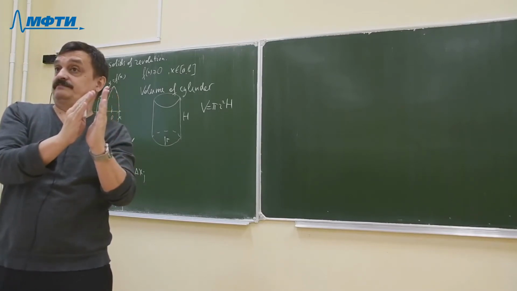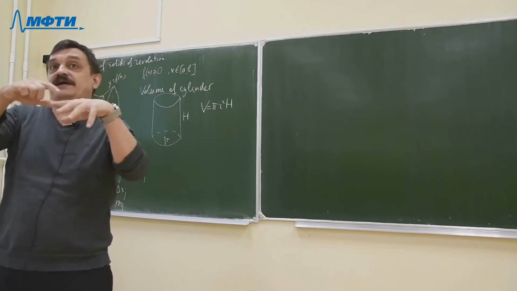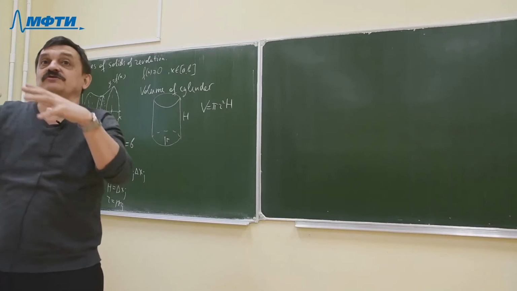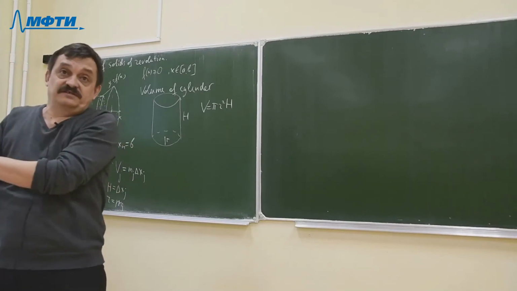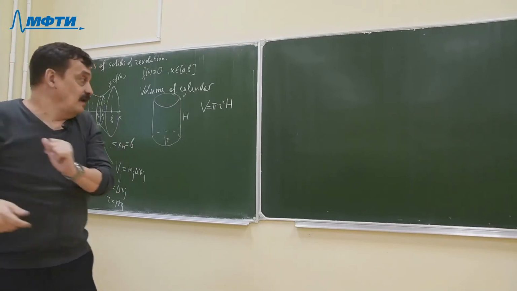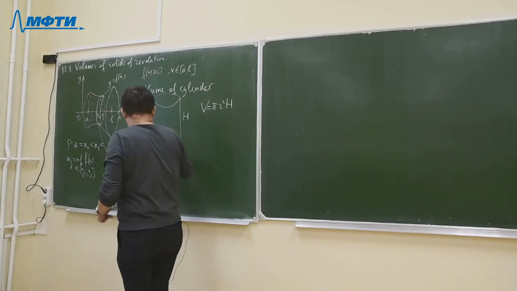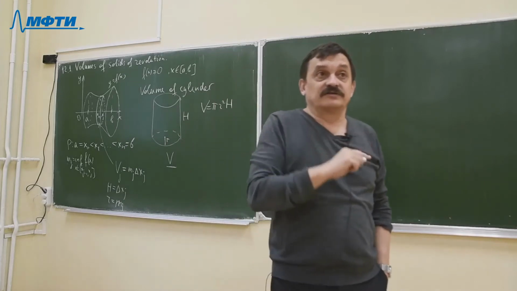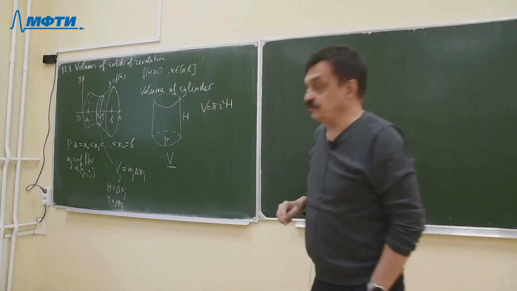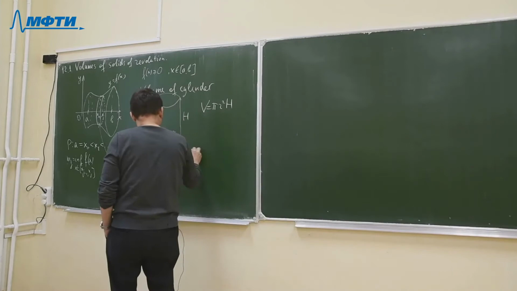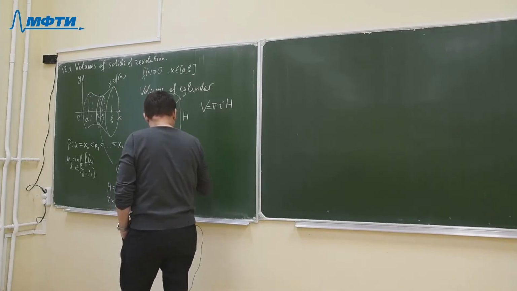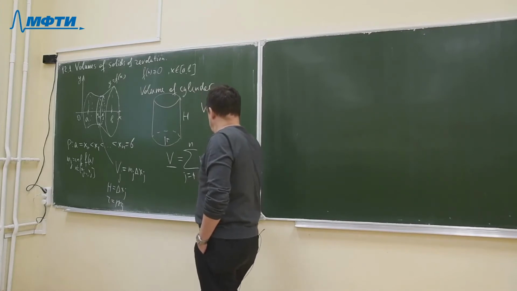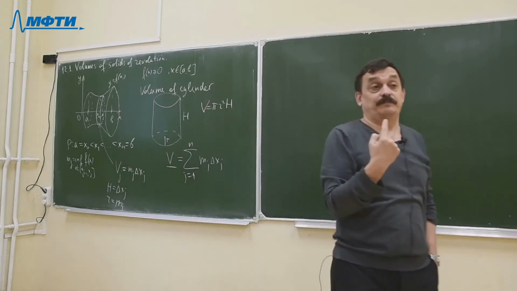Then we obtain some solid which consists of several thin cylinders. The total volume, V underlined, is equal to the sum of those volumes, m_j delta x_j.